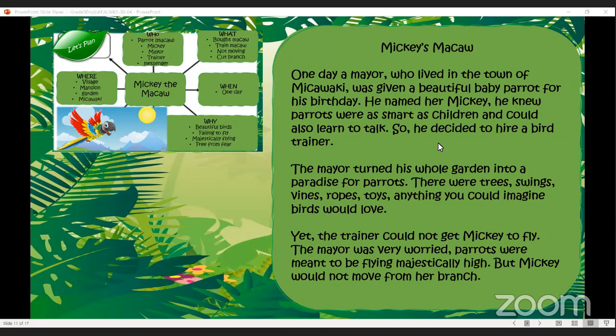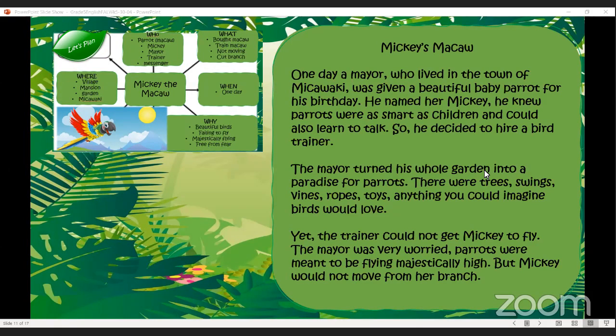Parrots were as smart as children. Do you see the as? That's your comparison. Comparing parrots to children. All right. So now that's my first paragraph. It gives you an idea. Now, after reading the first paragraph, you should know which direction you want to go in the story. Okay. So then I leave a space open and I start my second paragraph.